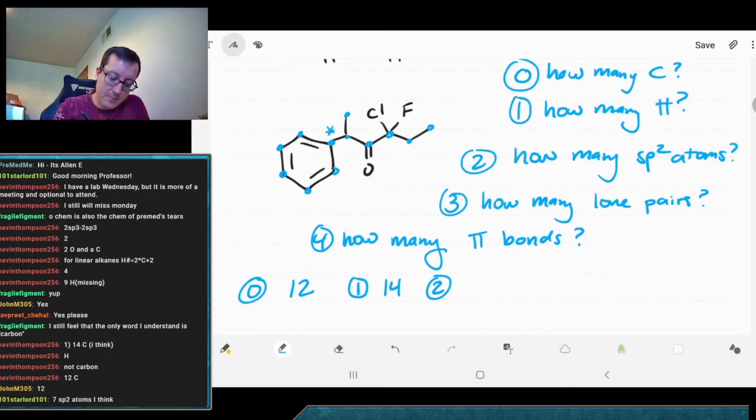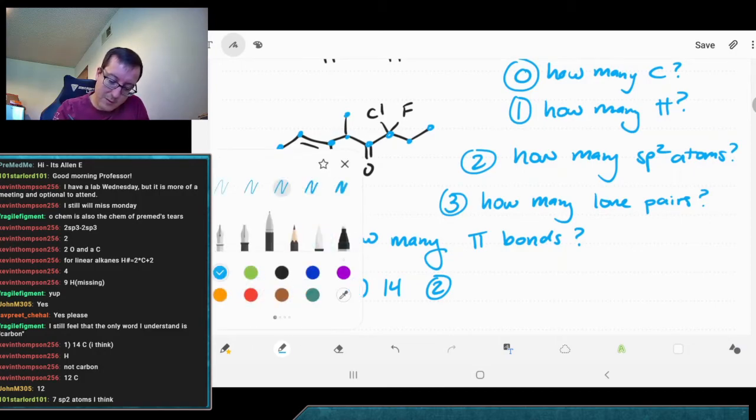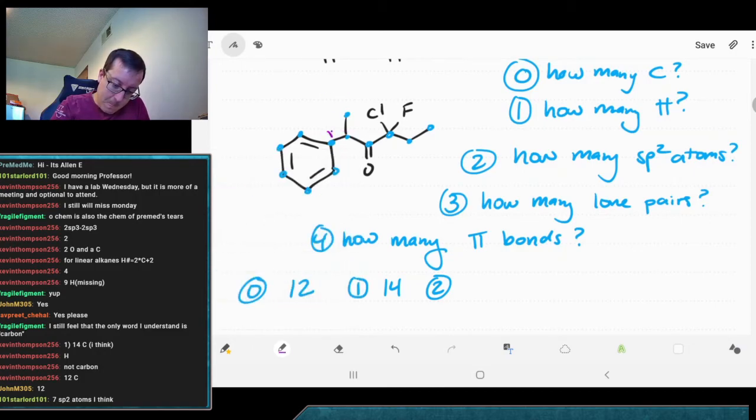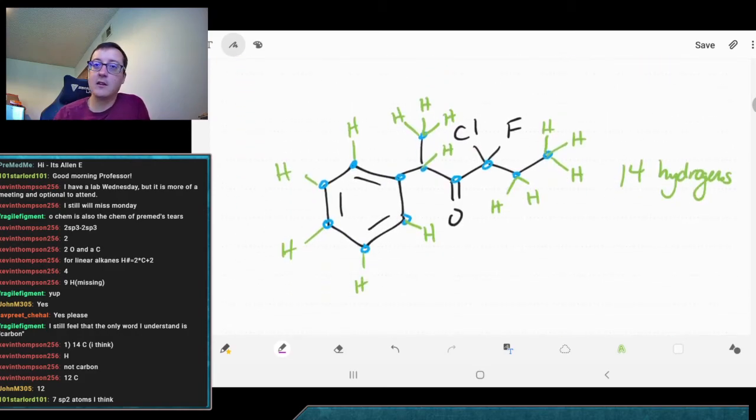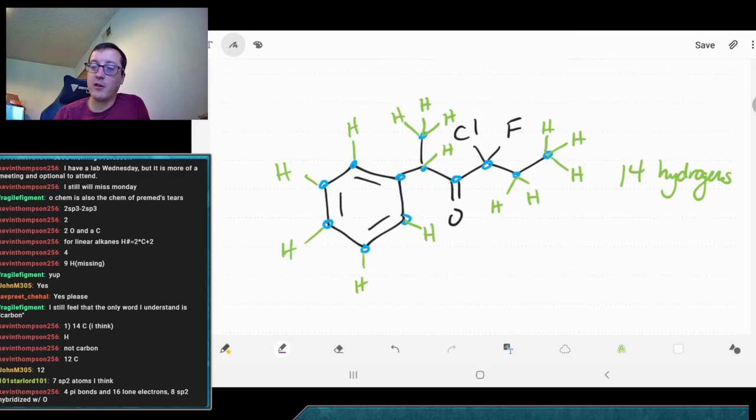So, let's use a different color. How about we use purple? So that's an sp2 carbon. That's an sp2 carbon as well. Both of those share that double bond. If we look at our next double bond, it's also going to have sp2 hybridization. Actually, let me do this one on the hydrogen one, because it'll be easier to see the number of bonds here.